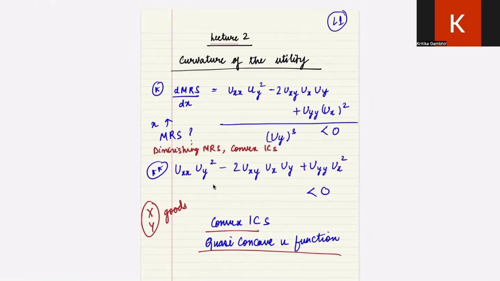But then when y, if suppose your y is a bad commodity, then the conditions would differ. And in that case, if one of the commodity is a bad, you should use this condition. So you would use this condition only when x and y are good.